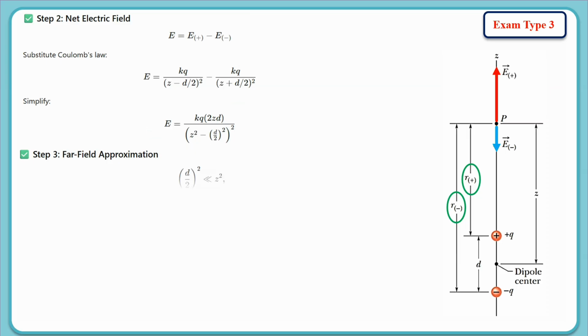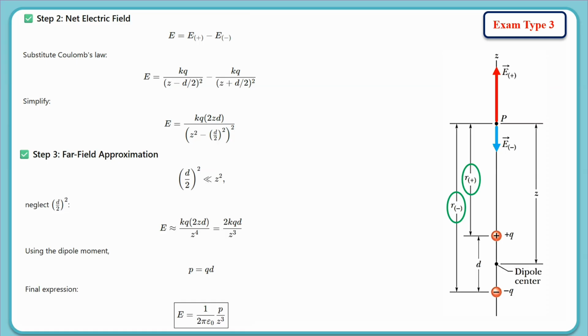Step 3. Now consider the case where z is much greater than d. This means d over 2 squared is very small compared with z squared, so we neglect it. The equation simplifies to 2kqd divided by z cubed.